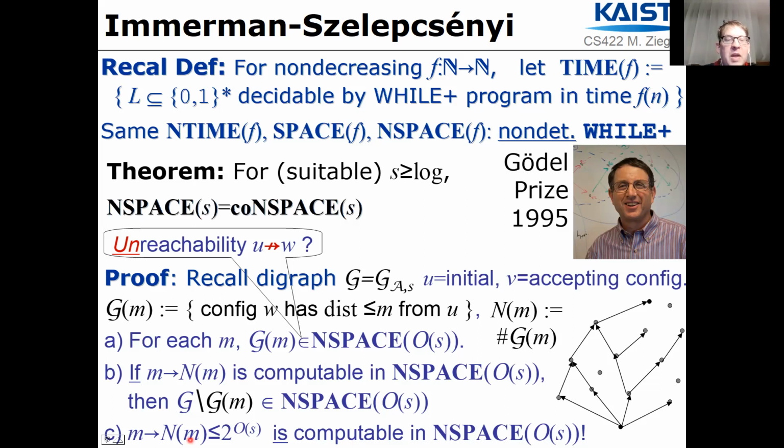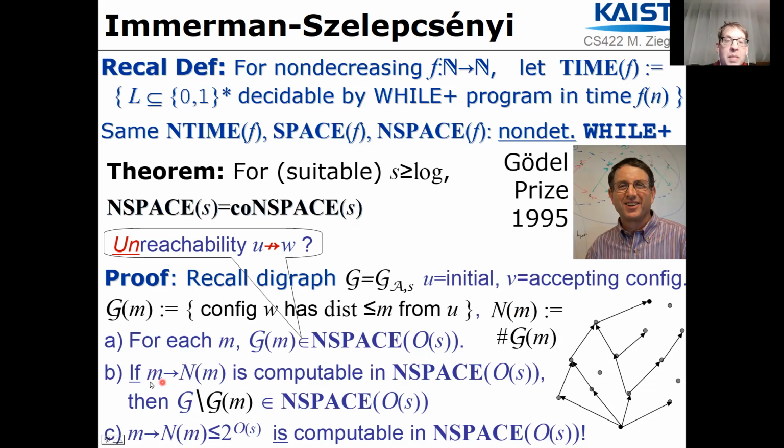That's the message here. Namely, according to item C, this function is computable in this memory bound. Applying it with m equal to 2 to the s means that the number of vertices, the number of configurations that are at all reachable, is computable.